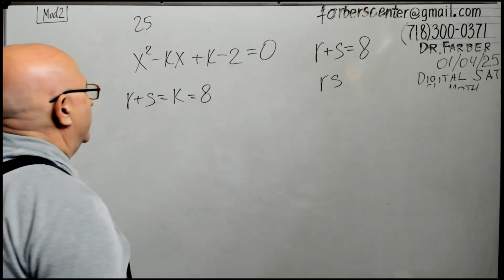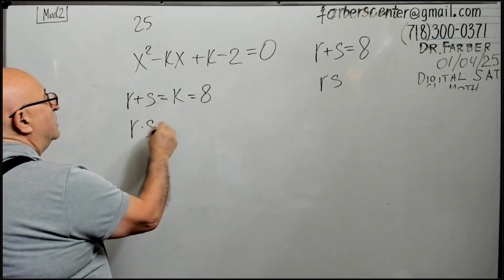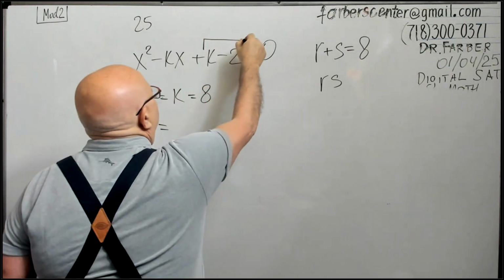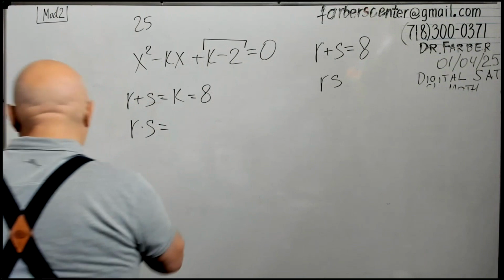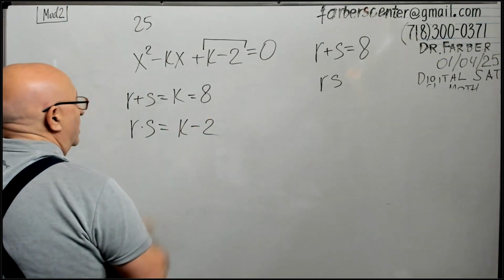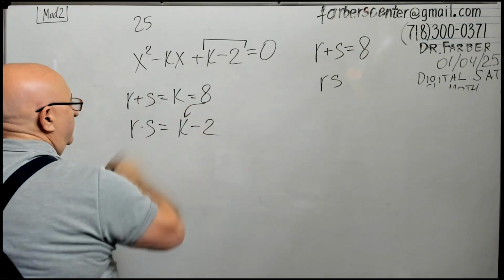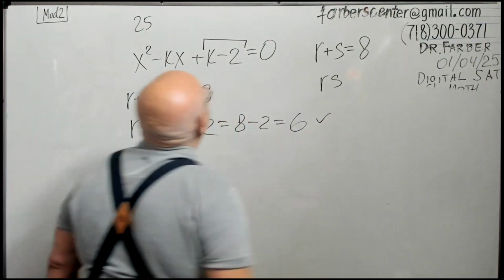Now, what is rs? According to the same theorem, rs is supposed to equal the value without x's, right? Agree? k - 2. But since k equals 8, it is 8 - 2, which is 6.